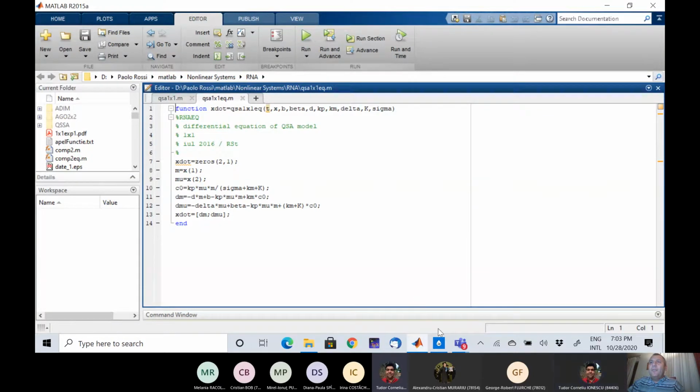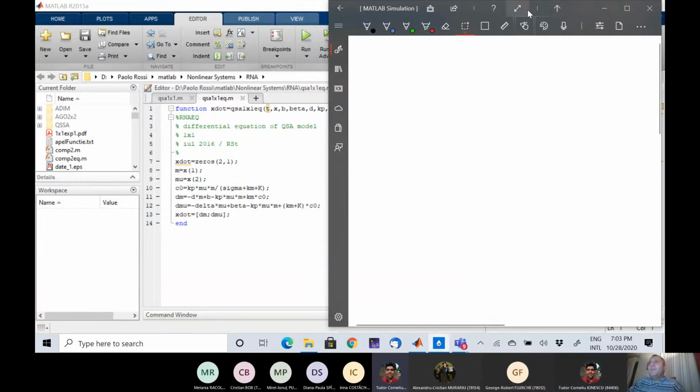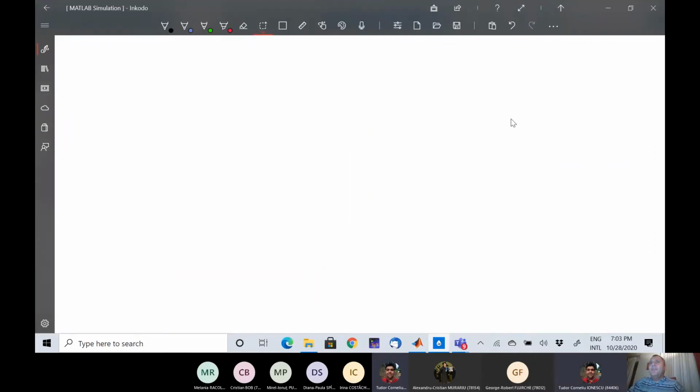But before entering into that MATLAB section, let's have a short description of what should go on when we deal with numerical simulation of nonlinear systems.